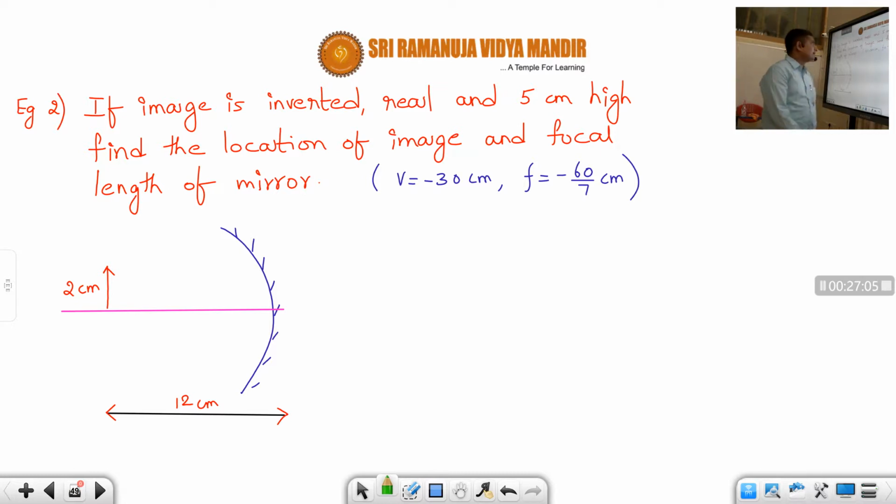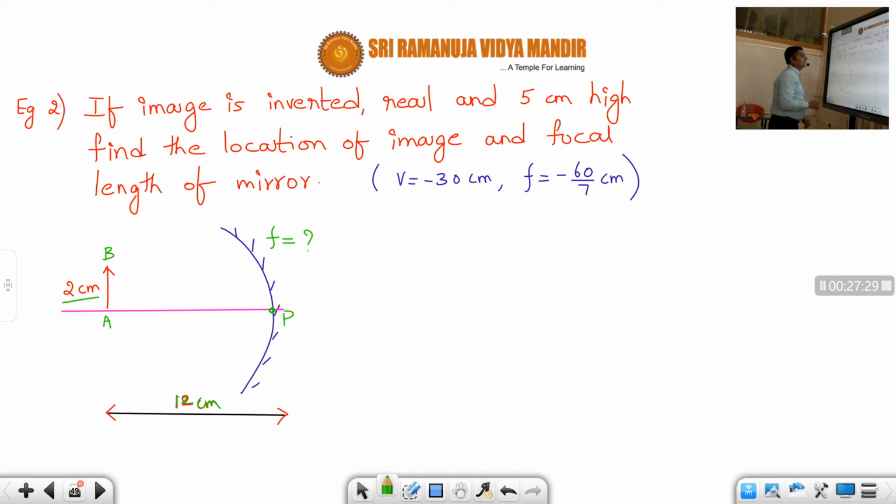If the image is inverted, real and 5 centimeters high, find the location of the image and the focal length of the mirror. So they have given a concave mirror whose focal length is not given. We don't know the focal length, but they have given an object AB whose length is 2 centimeters, placed at a distance of 12 centimeters from the pole.